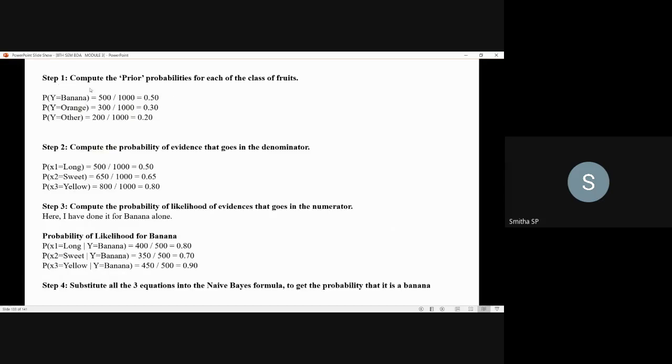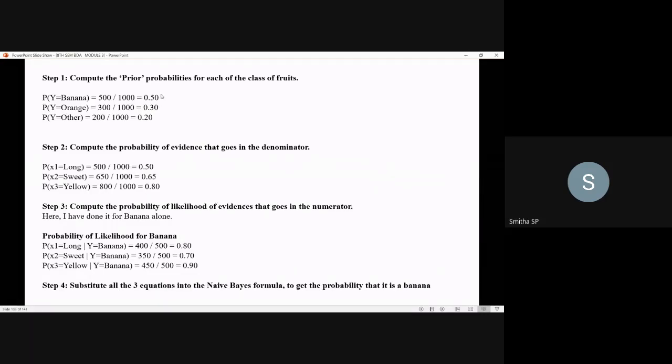In step 1, you should compute the prior probabilities for each class of fruits. What are the fruits you have? Banana, orange and other. We call these the y variables. For these y variables, you now have to calculate the probabilities. The number of bananas is 500, where the total number of fruits is 1000. So 500 by 1000, 0.50 is the probability.